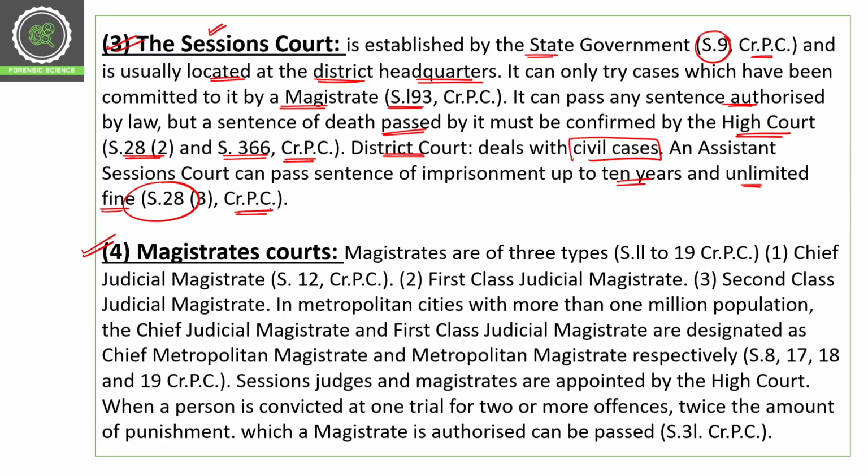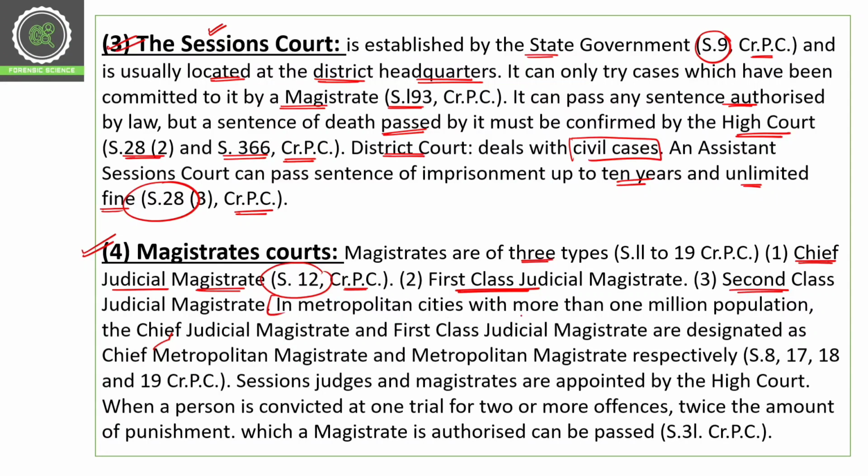Next, we have magistrate courts. Magistrates are of three types. First is the Chief Judicial Magistrate, section 12 CrPC. Then we have the First Class Judicial Magistrate, and then the Second Class Judicial Magistrate.